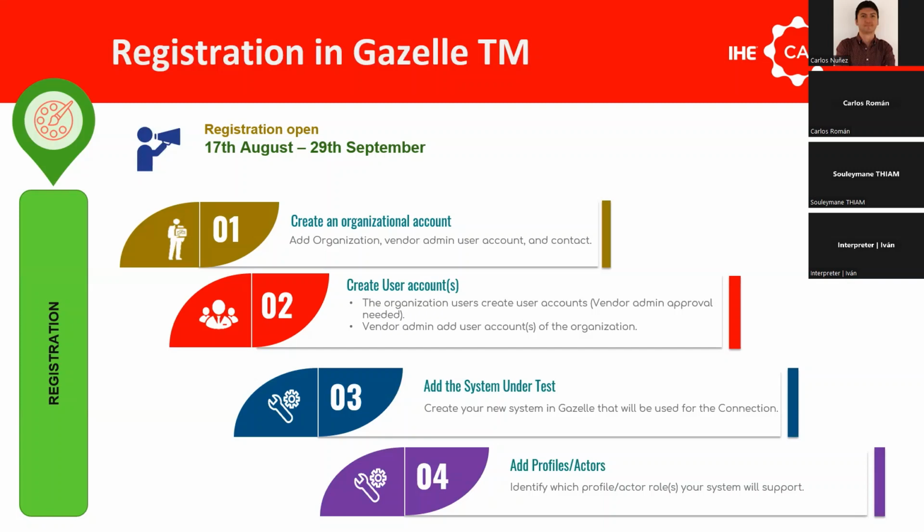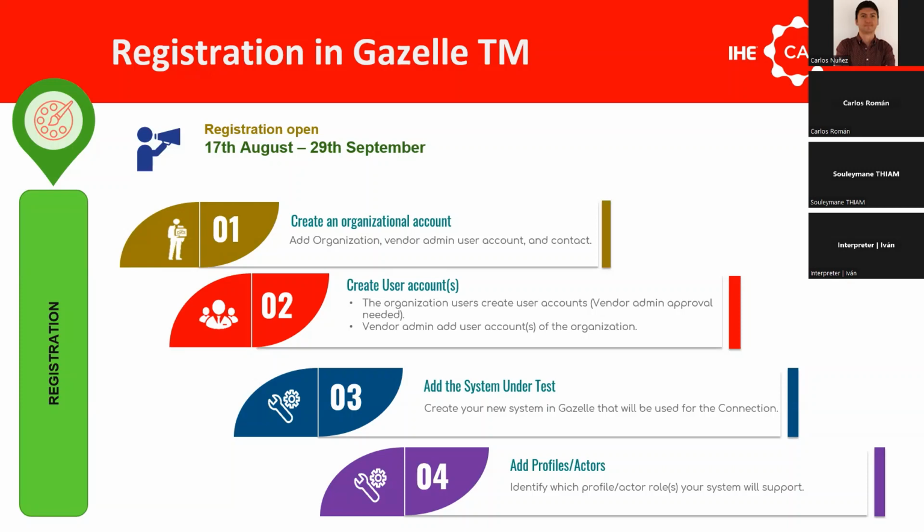Once you create your system, you need to add the list of the profiles and actors you will register for. If, for example, you register for IPS profiles, you need to add the IPS profile in your system. If you are testing or implementing MHD, you need to add MHD. That's the same for LACCHAN. That's exactly the same also for DDCC.